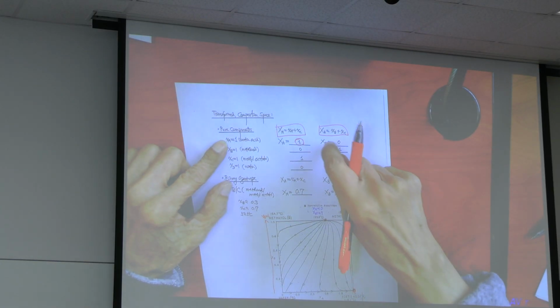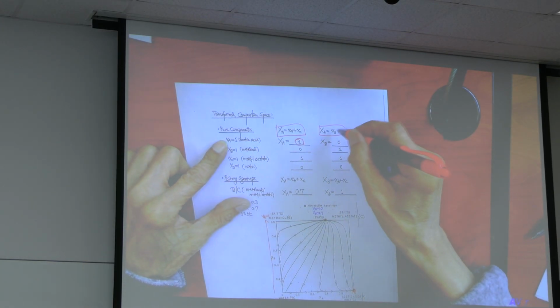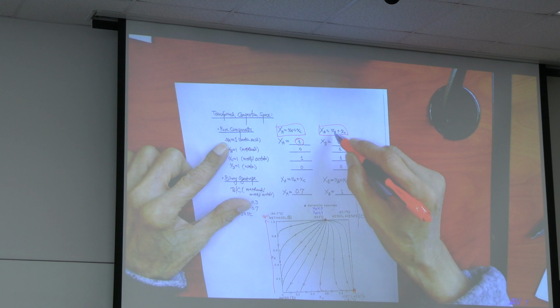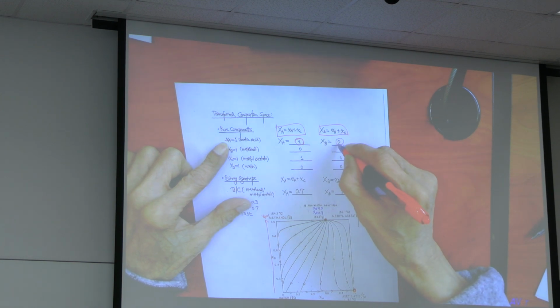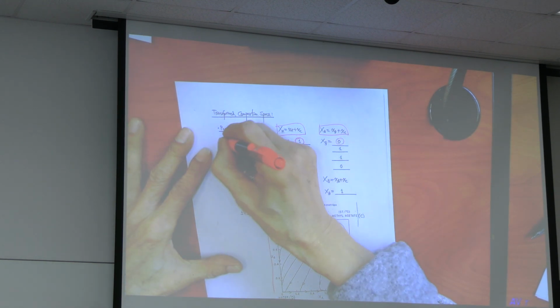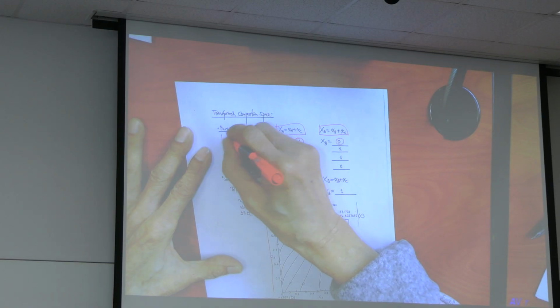Why XB, A, both are 0, 0. So, how do you represent that?